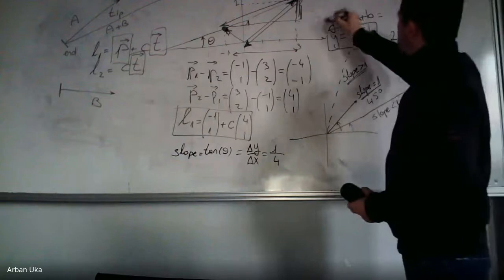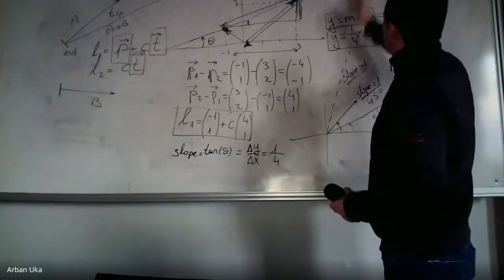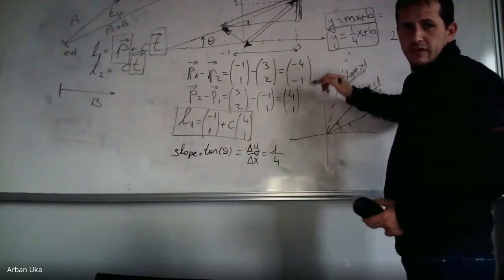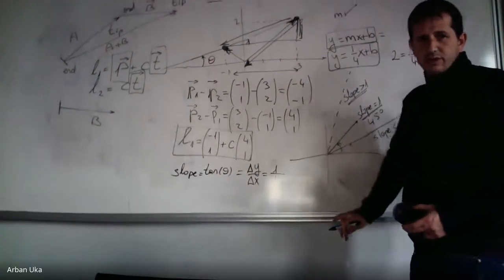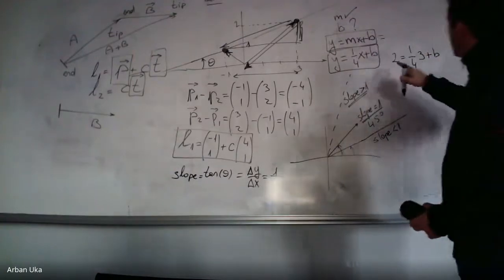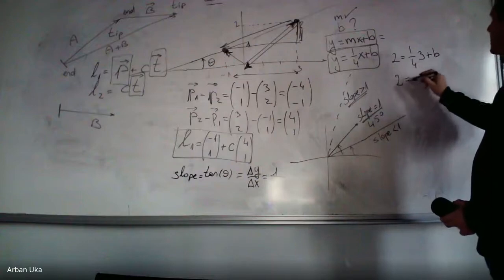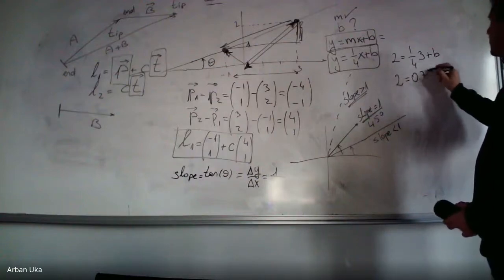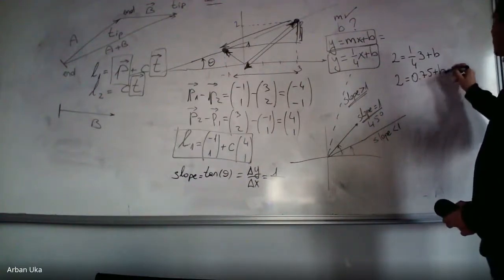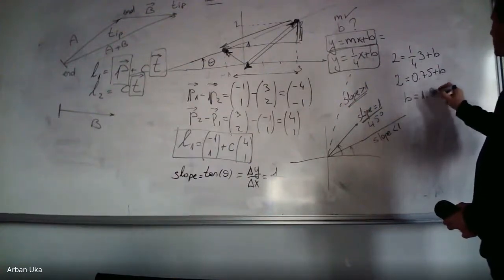Because in this equation, we know m. We did it, okay? We know m, and now we need to know b. So let's substitute these values, and we get here 2 is equal to 0.75 plus b, which means that b is equal to 1.25.